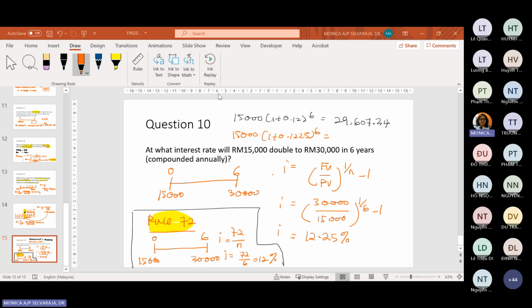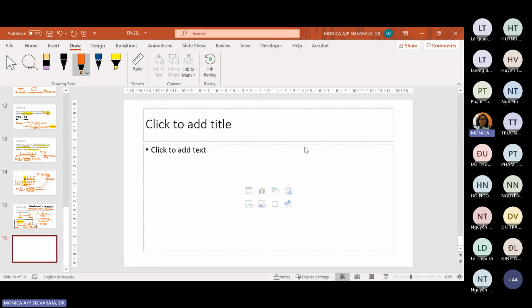Okay, so you get around 30,000. The difference is almost 400. So this is the correct one. This is wrong. If the question didn't ask you for rule 72, then don't use rule 72.